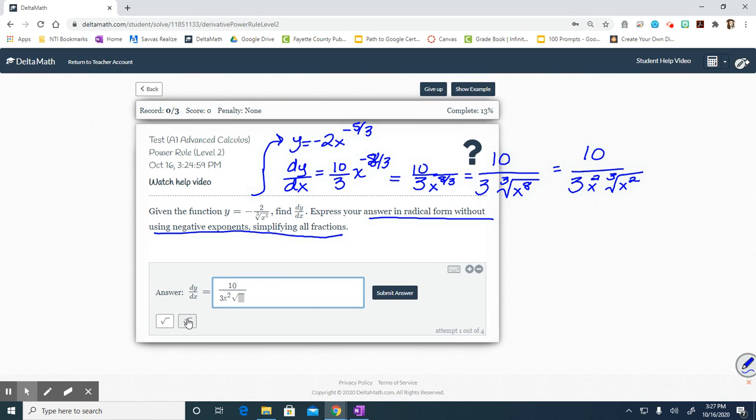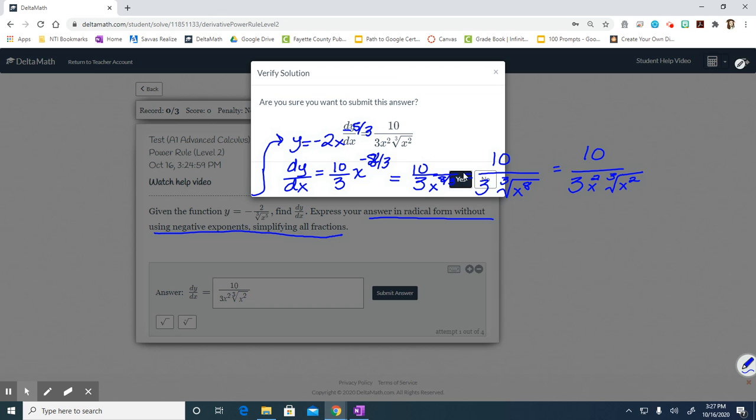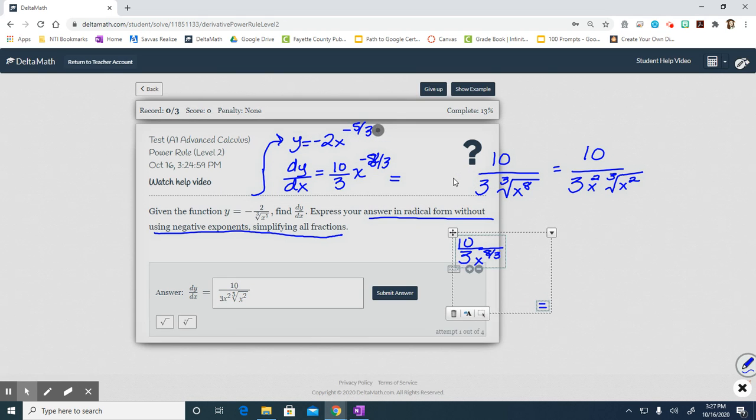Times cubed root of x squared. Can't get to the yes button. There we go.